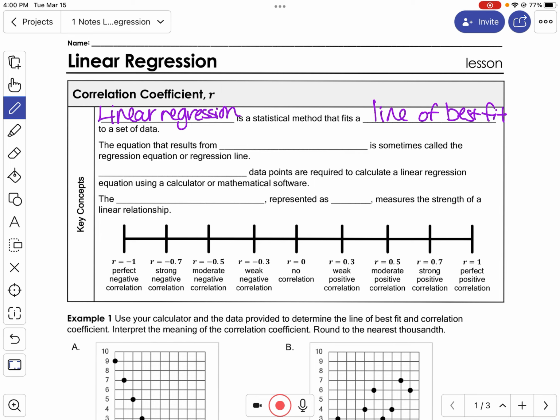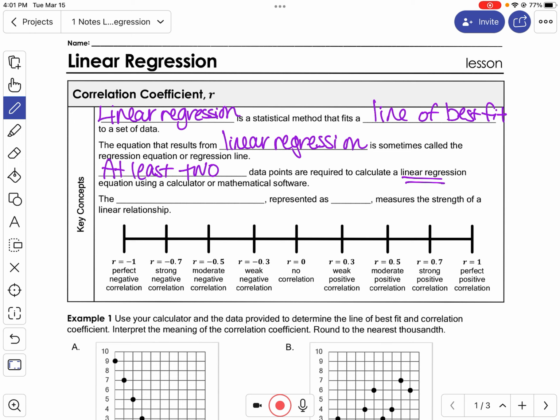So the equation that results from your linear regression is sometimes called the regression equation or the regression line. In order to get that linear regression, you're going to need at least 2 points. So 2 data points are required to calculate a linear regression equation using a calculator or mathematical software, which we'll use a calculator.